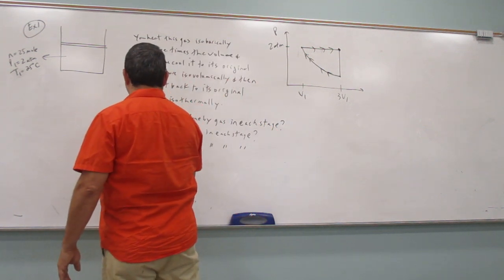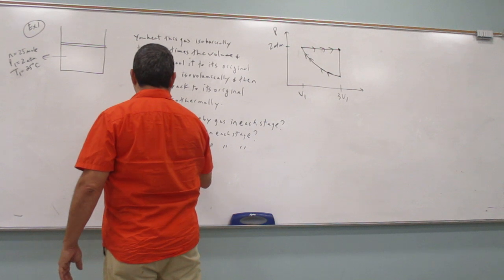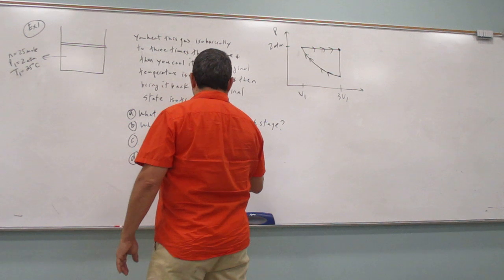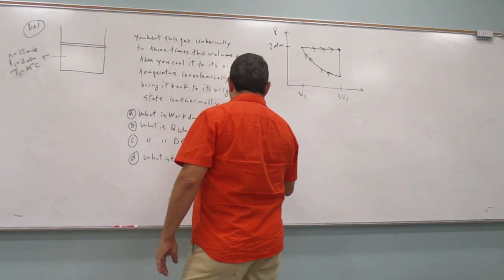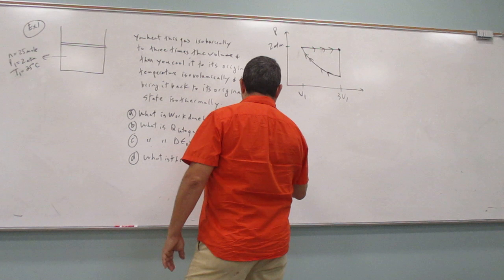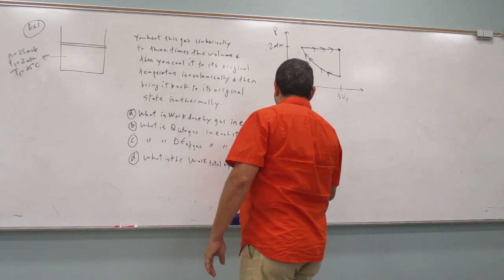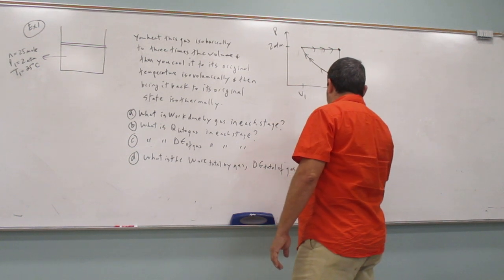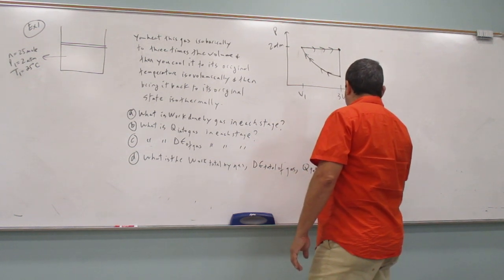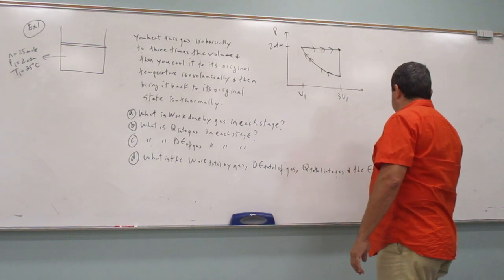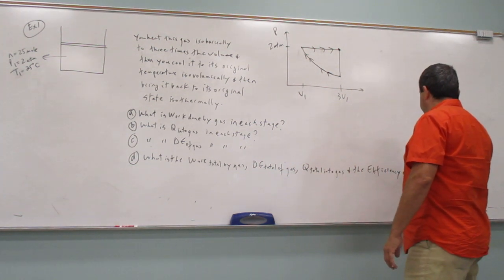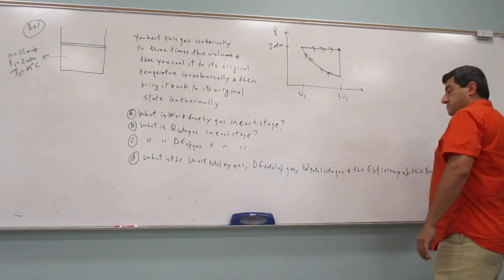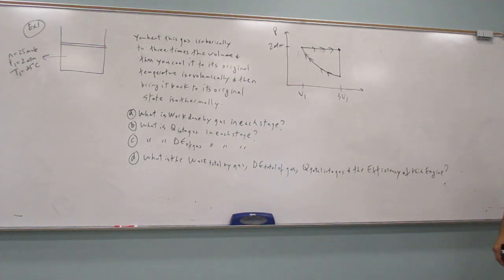And then D, what is the work total by gas, delta E total of gas, Q total into gas, and the efficiency of this engine. Nice problem.